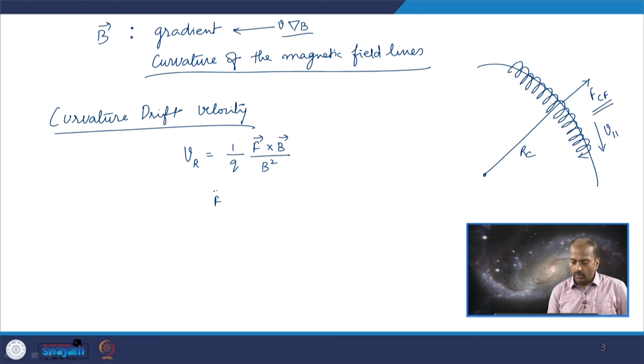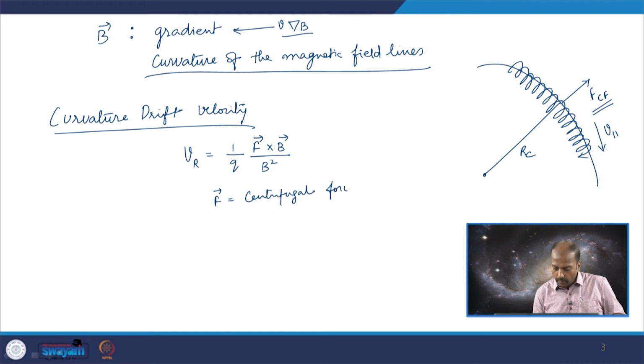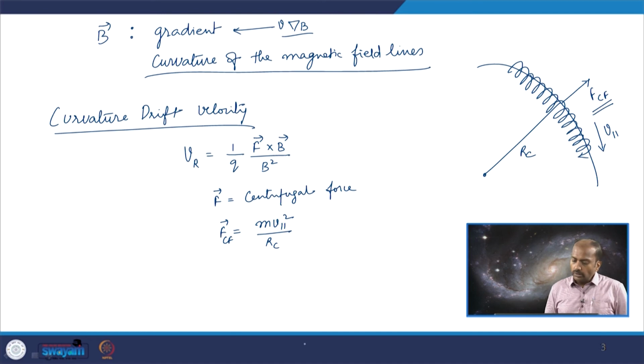Now, F is the centrifugal force, which can be written as FCF equal to m V parallel square divided by RC, right, which will act along RC.